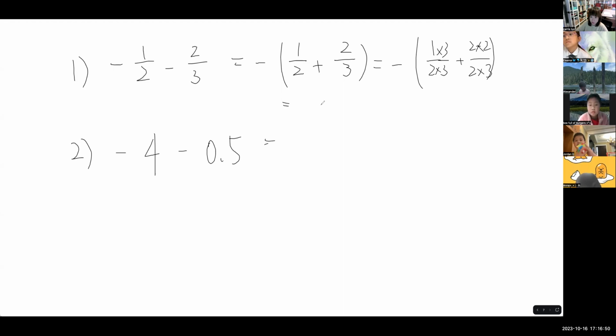So equals negative 7 over 6. Good job. So next one is negative 4 minus 0.5 is negative 4.5.